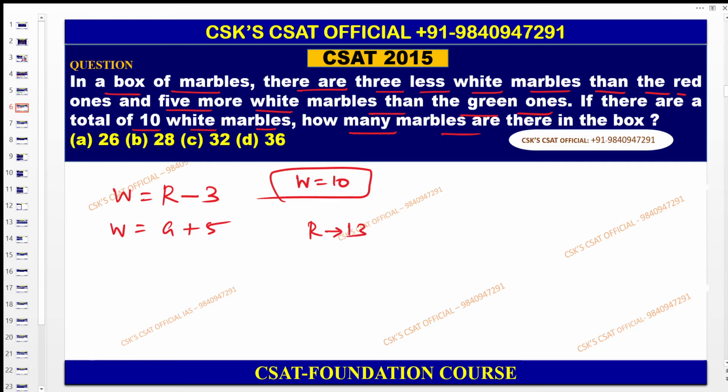Red is going to be 13. Green is going to be 5. The total here is, adding up, 28. Getting everyone? Anybody having doubt here? No, right? Okay. Simple arrangement kind of things you can also do here. Don't make a mistake. I hope you people are getting these things.